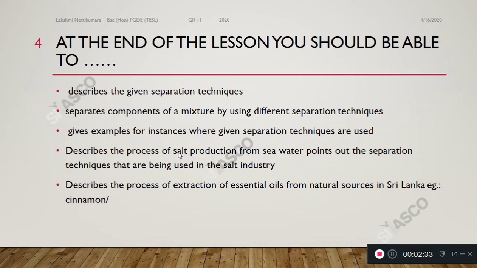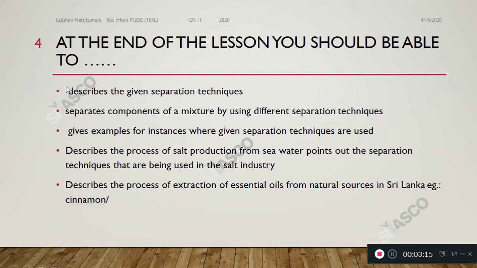You should be able to describe the given separation technique, separate components of a mixture by using different separation techniques, and give examples for instances where given separation techniques are used. Describe the process of salt production from seawater, pointing out the separation techniques used in the salt industry. Describe the process of extraction of essential oils from natural sources in Sri Lanka.